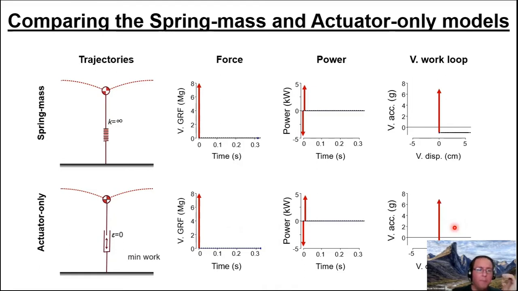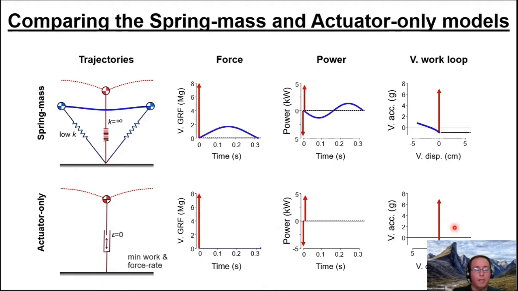Now, on the other end of the spectrum, you could imagine having a really compliant spring in the leg. And in that case, you might have what we'd call a grounded run. So the body never leaves the ground, and the entire step is spent with the leg in contact with the ground. In this case, you have lower peak forces, lower peak power, and a shallower vertical work loop.